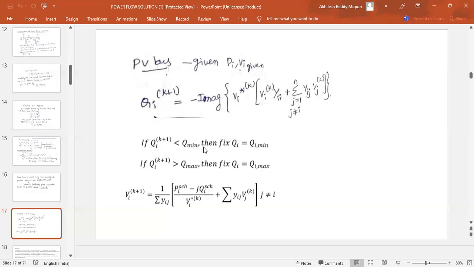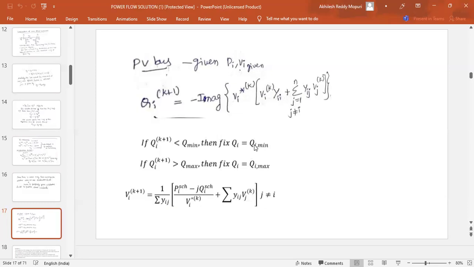Since 0.09 is less than Q minimum, that is 0.1, you should fix Qi as 0.1. Suppose you had got 0.3. 0.3 is greater than 0.2, that is Q maximum, then you should fix Q as 0.2. So, when the Q you obtained is not in the range, if it is near to Q minimum, make Qi as Q minimum. If it is near to Q maximum, make it Q maximum. After fixing Q, you already know the value of P. Now you consider this problem as a PQ bus and start doing.